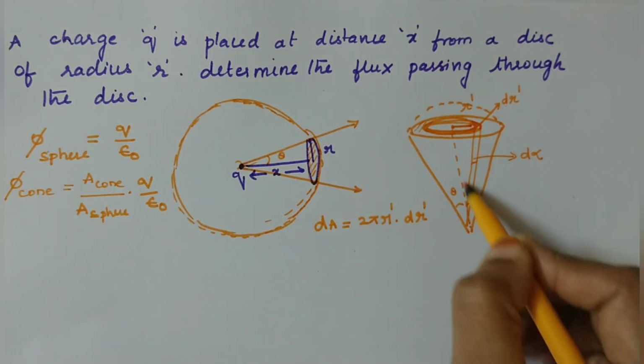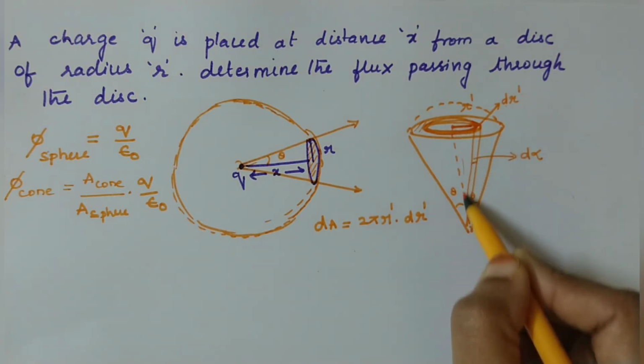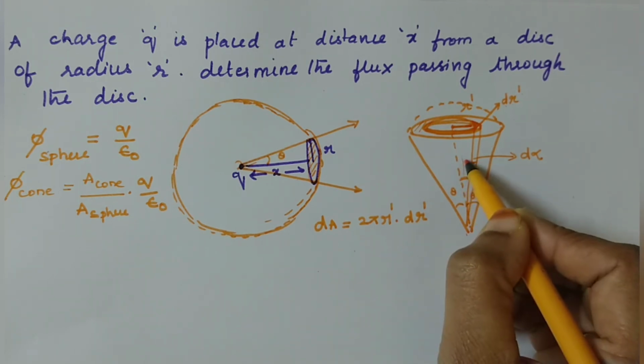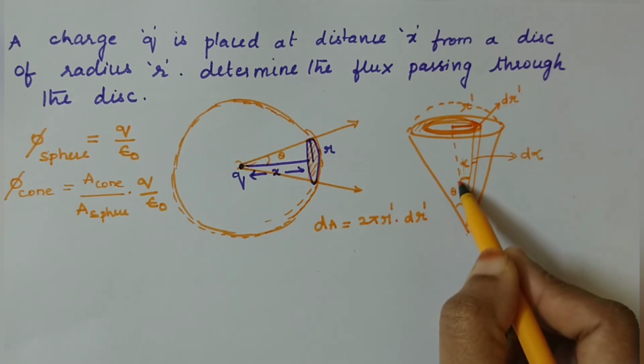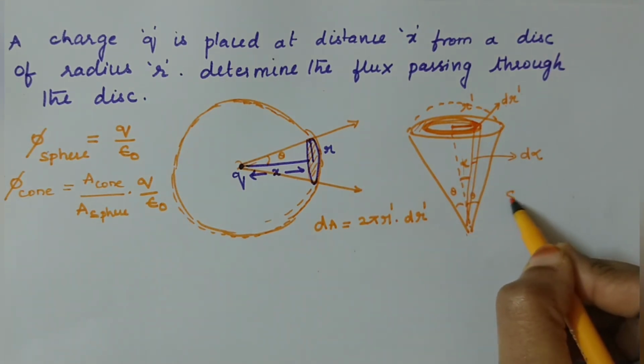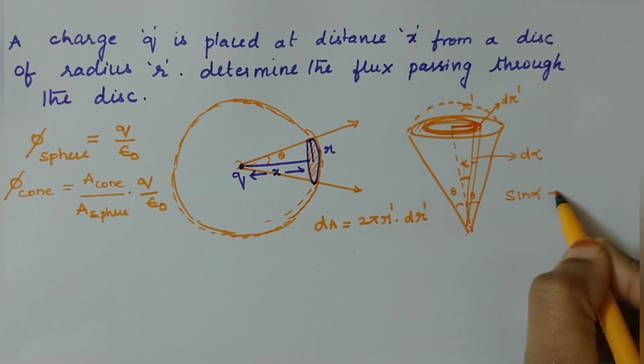Again, from this particular triangle, if I take this angle as alpha from center till the region what I have considered, what is the value of sine alpha equal to?